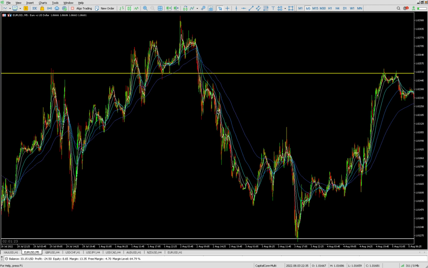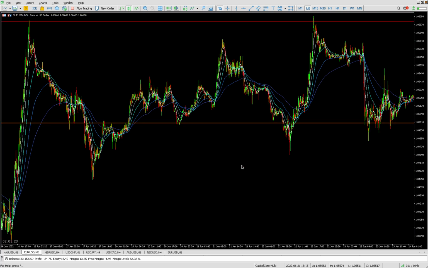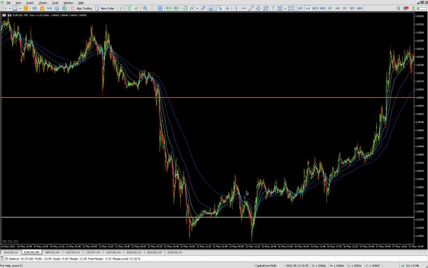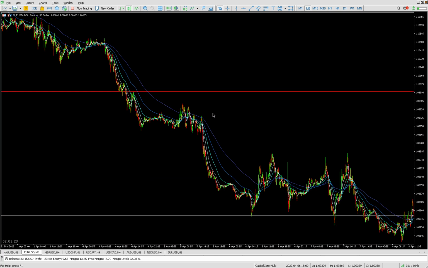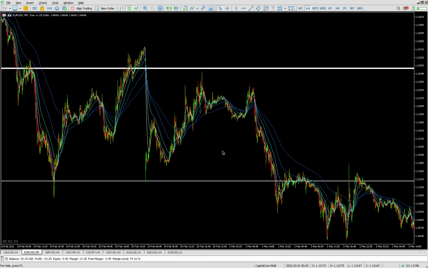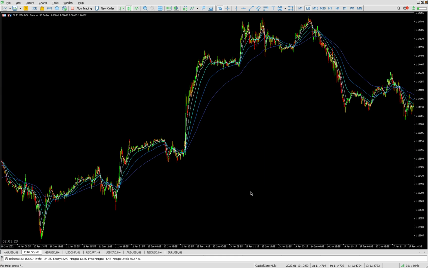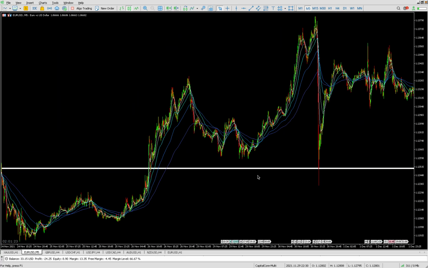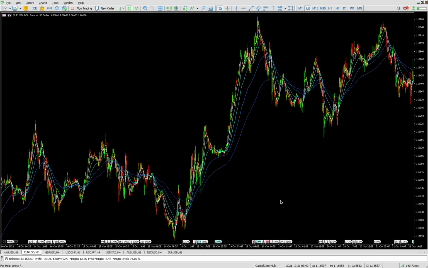You don't get as much past data on the smaller time frames, so it may not. Did you see it? Because I didn't see it. Boy, it's like a light show. Look at that.